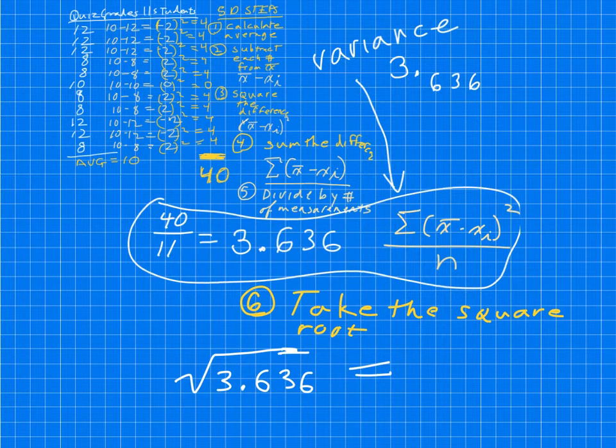But I get, because it's a standard deviation, remember we don't know the sign, so it's going to be plus or minus 1.91. So my standard deviation would be 1.9, plus or minus 1.9.